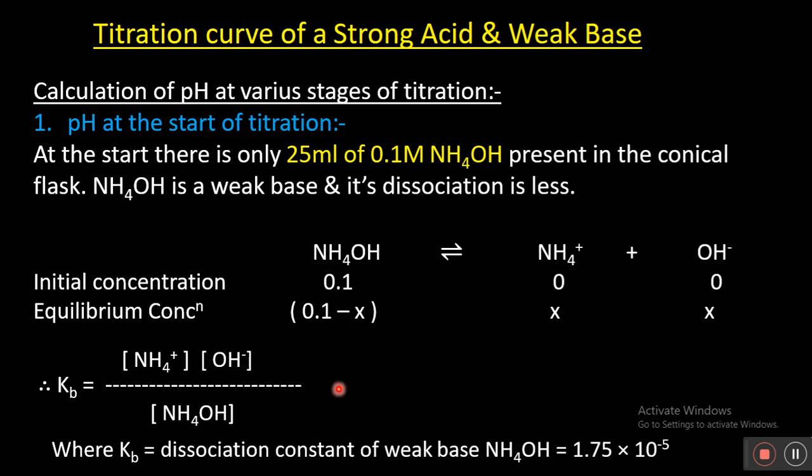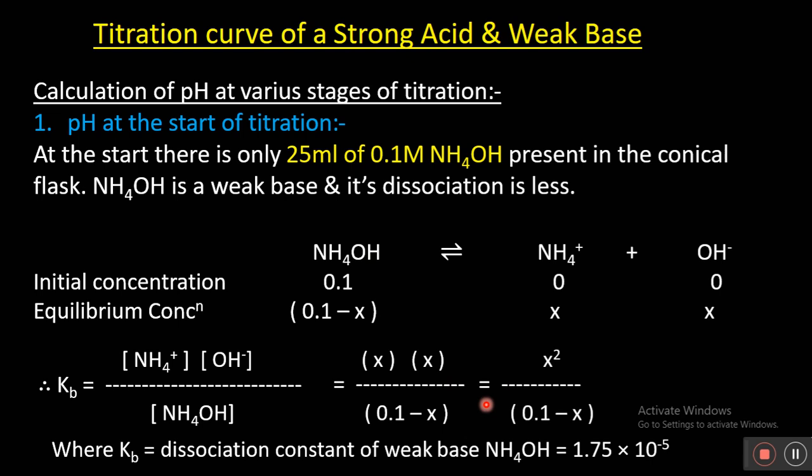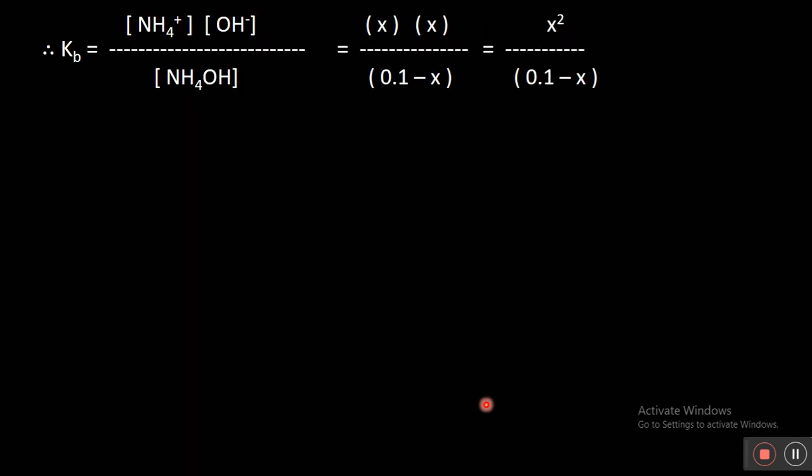Now let us put in the concentrations at equilibrium. NH4 plus is X, OH minus is X, and that of NH4OH is 0.1 minus X. So it will be X square upon 0.1 minus X. Let us simplify this equation for X. In this case, the concentration of NH4 plus and OH minus ions is very small.